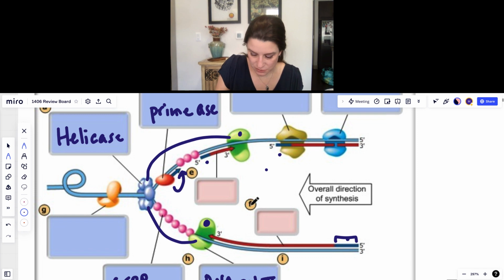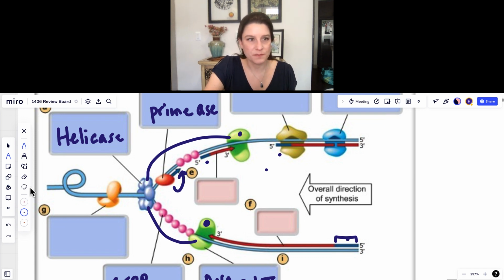And so what do we come to here? Let's see, which one's the leading strand and which one's the lagging? So E or F, which one's leading and lagging? F is leading and E is lagging. Yes, good, because it's the continuous versus the discontinuous.